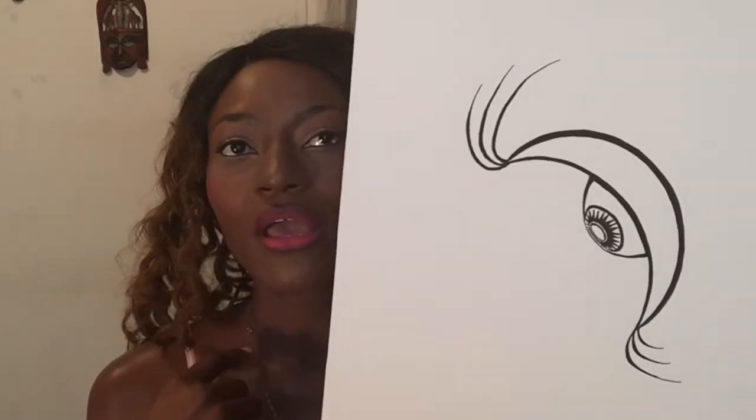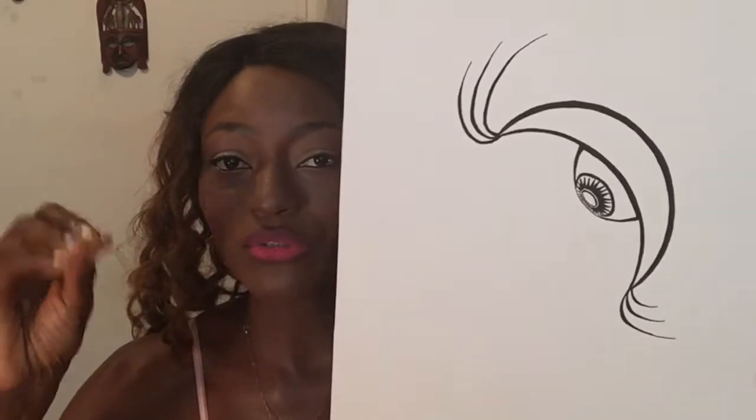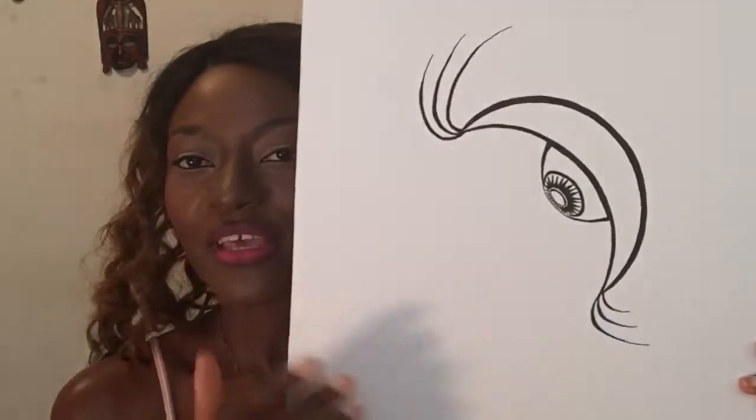So I chose the moon and the eye. She said we could either choose the sun or the moon and then some other object and put them together into one symbol that represented an aspect of our personality. So I chose the moon and the eye, and I put them into this structure. This is the moon, and then I sort of made it into the eye with the eyelashes.